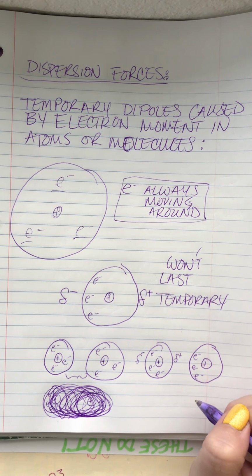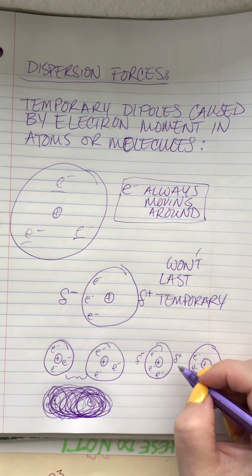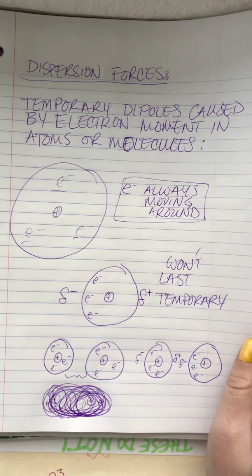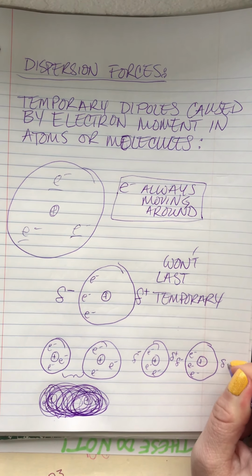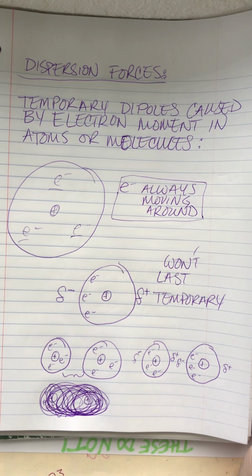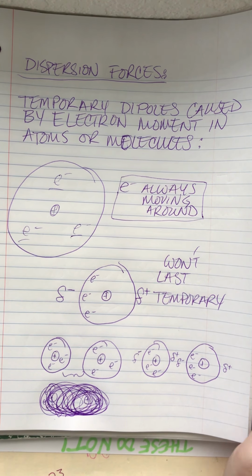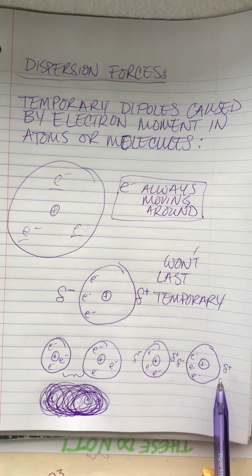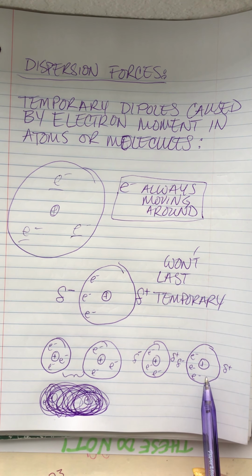Does that make sense? So then we get another partial negative over here, and another partial positive over here, and on to infinity. Does that make sense? So when we get these atoms or molecules closer and closer together, we can force the electrons to do this kind of separation.